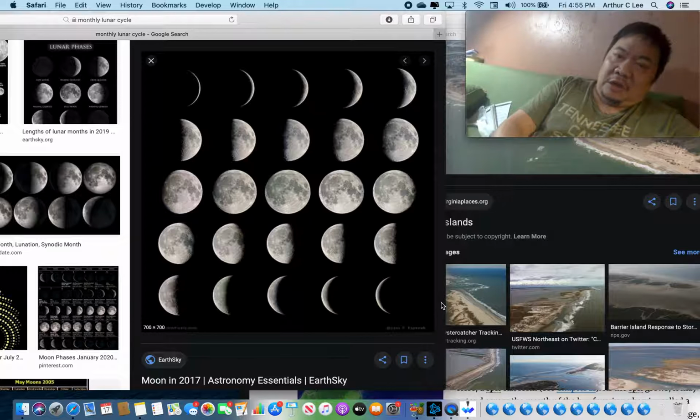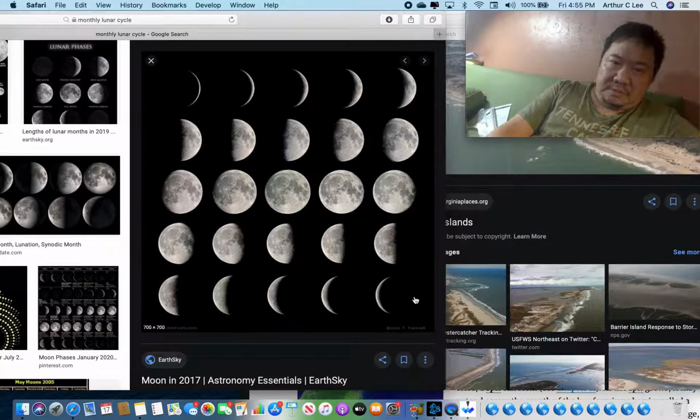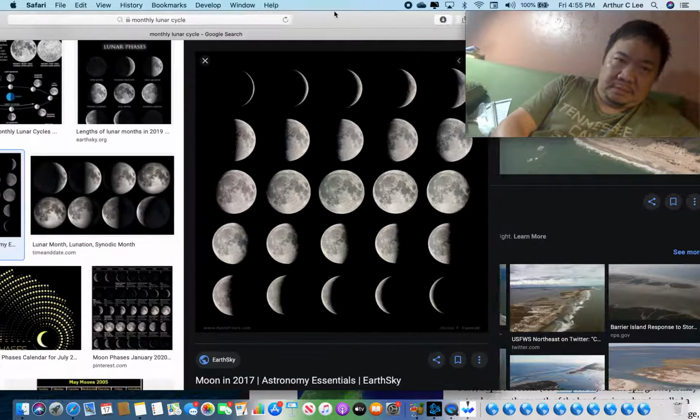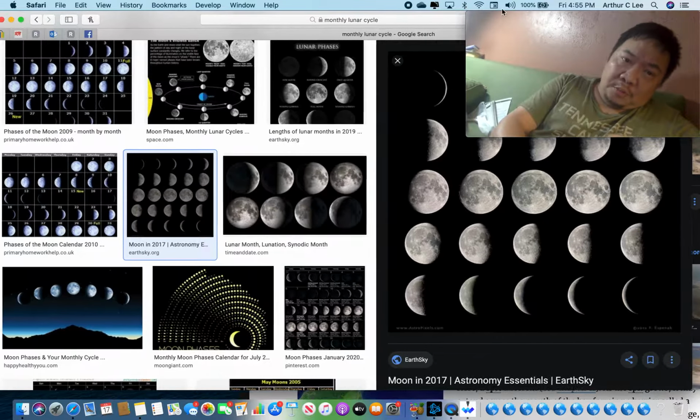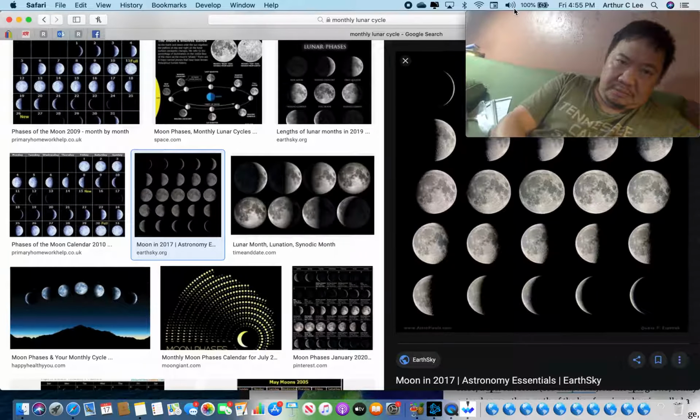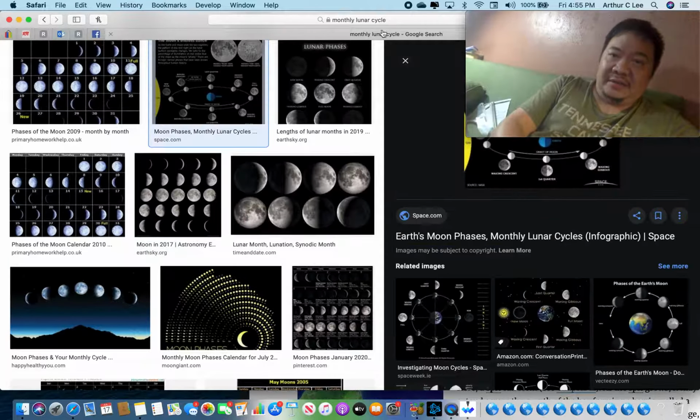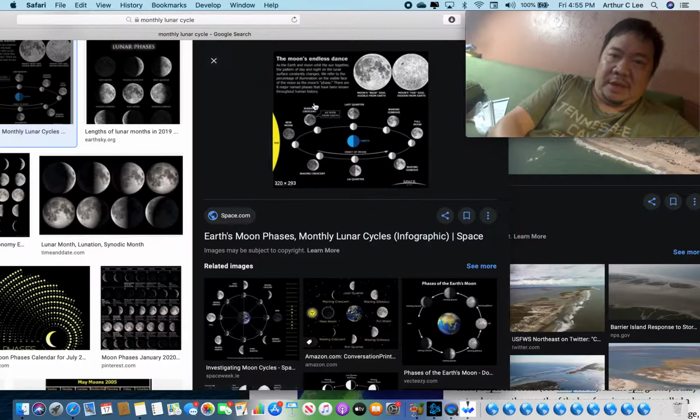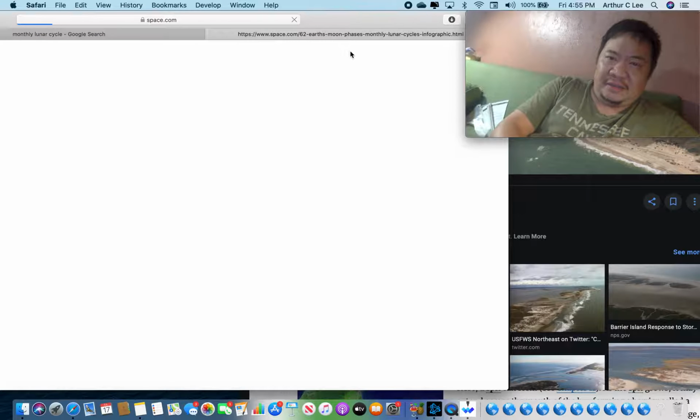When the moon is completely dark, we call it a new moon. We get one full moon every 29 days. We get one new moon every 29 days.